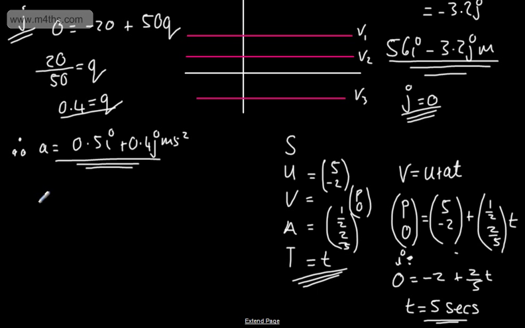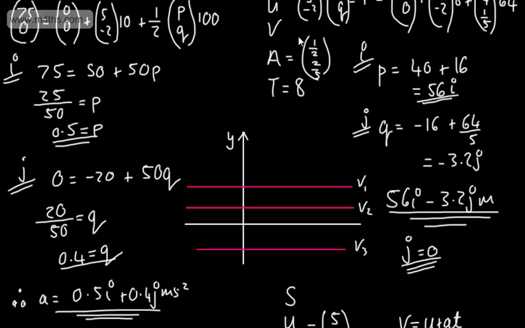Now I'm going to substitute this back into r. The position is equal to where we started, plus ut plus 1/2 at squared. Where we end up is where we started, and we started at the origin, as we're told here.